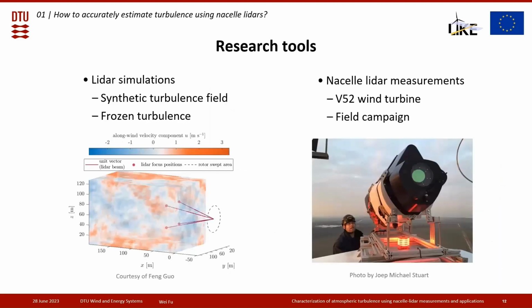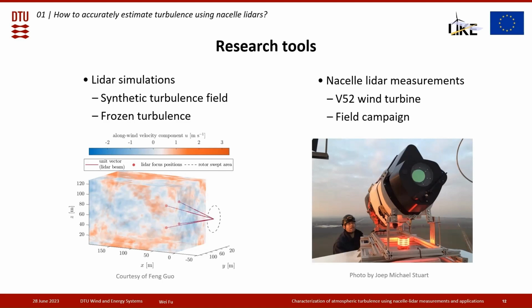We test our method using both LiDAR simulations and measurements from a field campaign. For the LiDAR simulation, I'm showing a simulation scenario for the 4-beam LiDAR. We can see there is a turbulence box generated from a three-dimensional turbulence model. The color here represents the fluctuation of the along wind velocity.